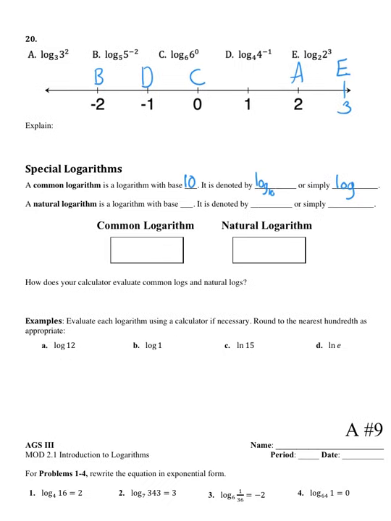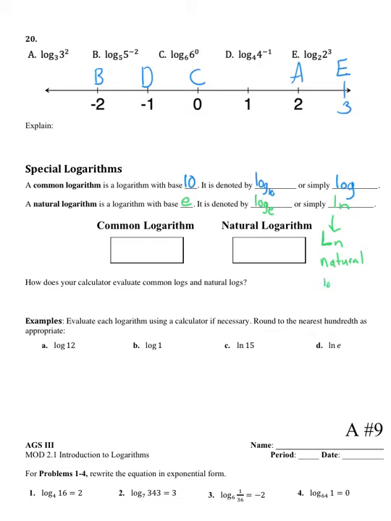Back to this. There's the common logarithm. There's another one called the natural logarithm, and that is base e. That would be log base e, or it's going to be ln. It's written as a capital L and a lowercase n, but I'm writing a capital L here just so you can see it. But that stands for natural logarithm.